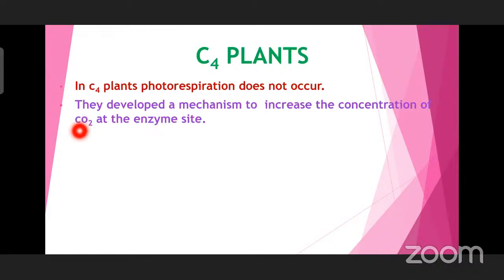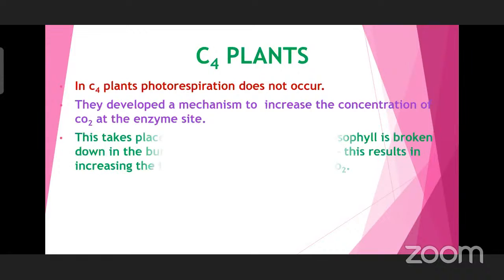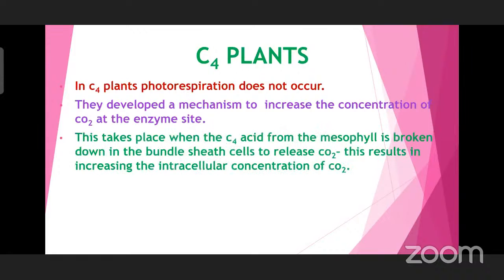They want only carbon dioxide to combine with the RUBP. So at the enzyme site of Rubisco, the carbon dioxide concentration is going to increase and increase. And this takes place when the C4 acid from the mesophyll is broken down in the bundle sheath.